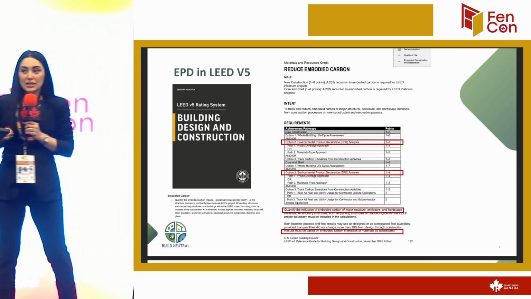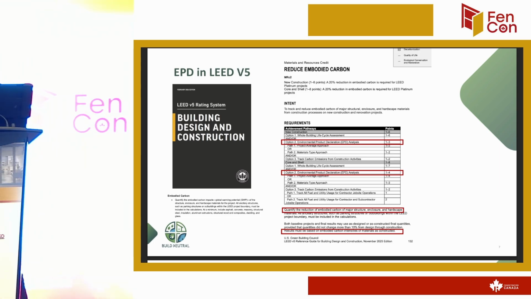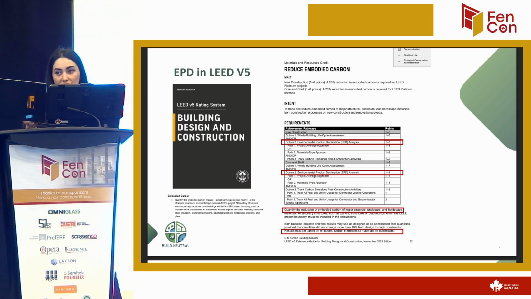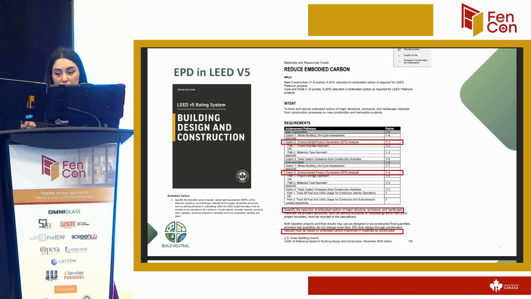So in the new LEED version 5, it clearly mentions here that for new construction, EPDs get a certain number of points, and for core and shell, again, EPDs get points, and I put a red mark here. It says quantify the reduction of embodied carbon of major structure, enclosure, and hardscape materials.